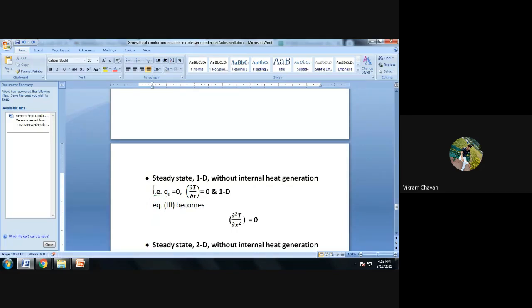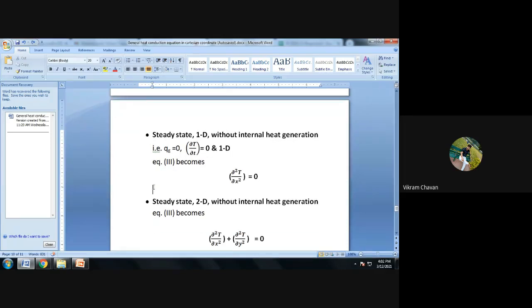Next form is steady state two dimensional without internal heat generation. Steady state means ∂T/∂t is equal to 0.